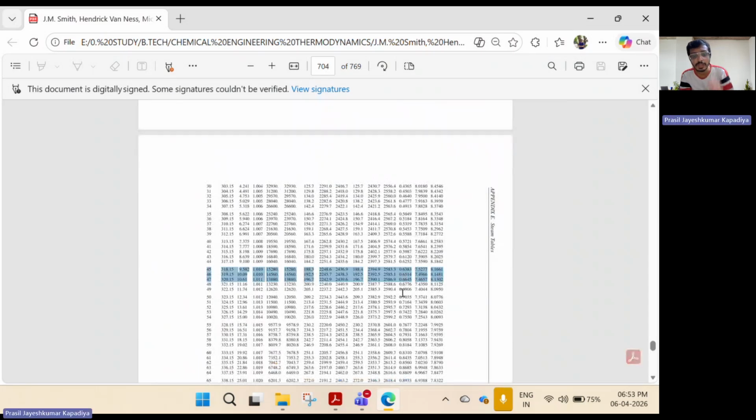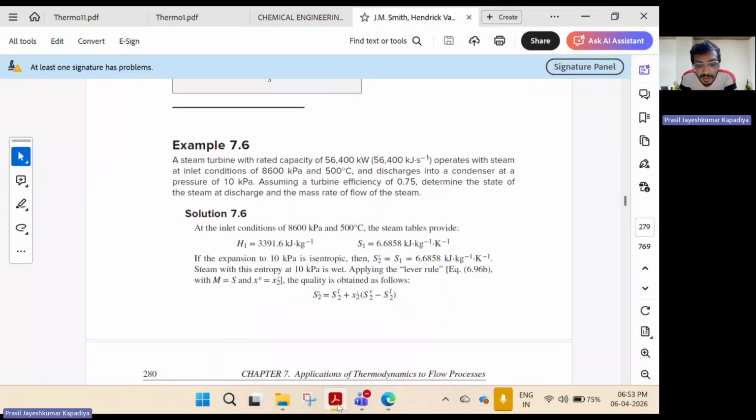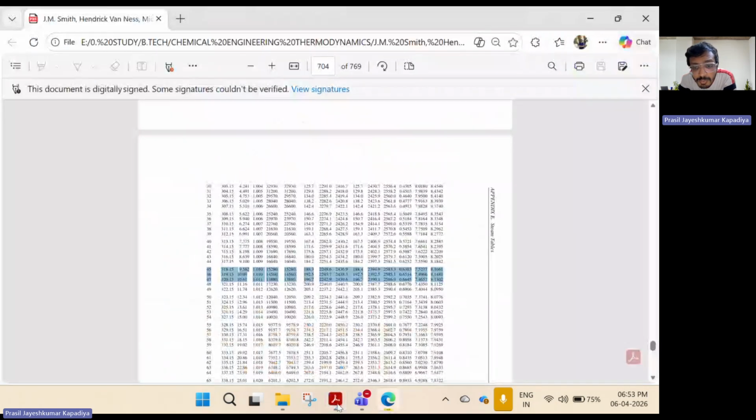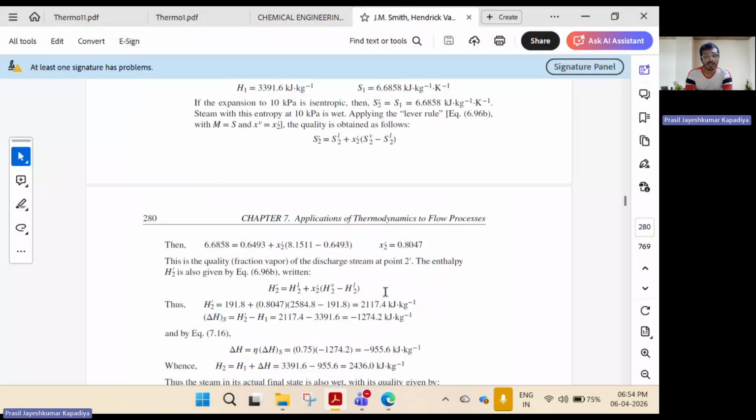We need to interpolate between 9.582 and 10.09, or you can just take the value at 10.09. For entropy, they have taken 0.6493, something in between these two for liquid and something in between these two for vapor, or you can just take those numbers. We know it is an isentropic process, so we can find the quality.